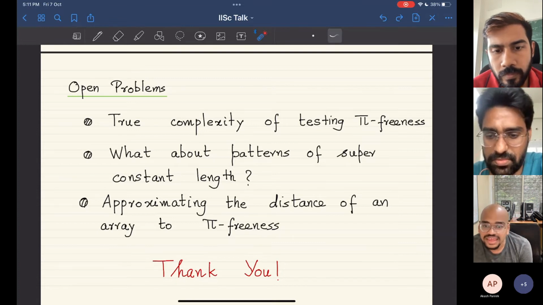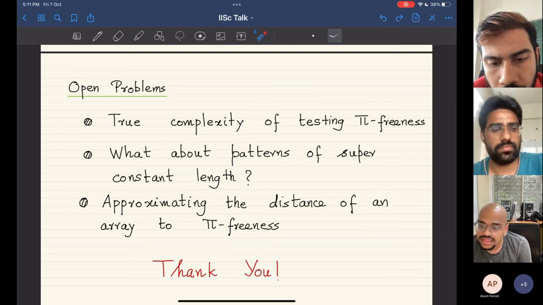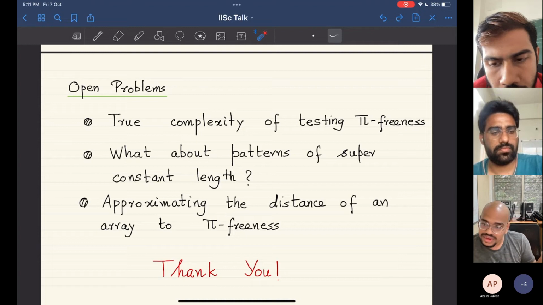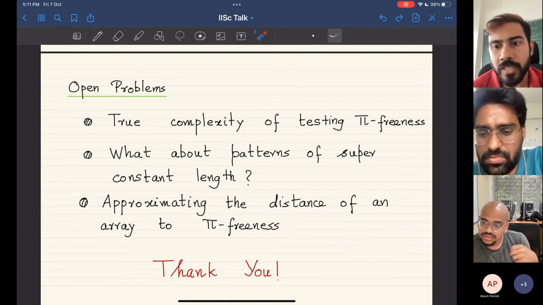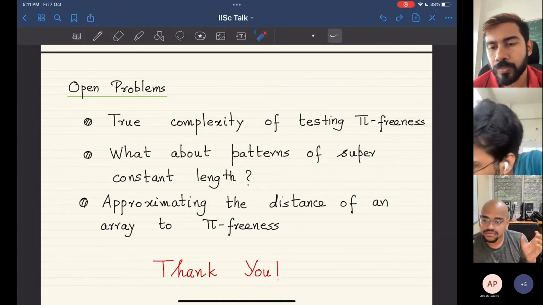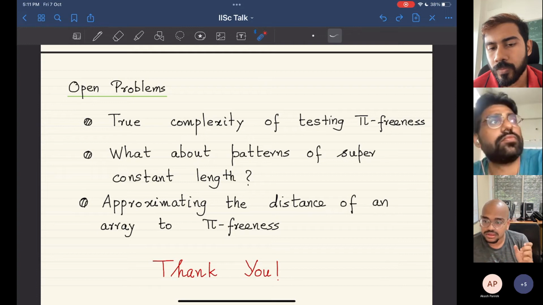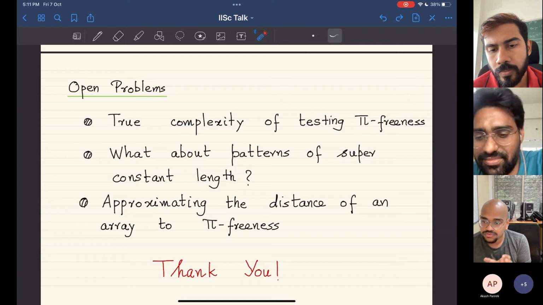So if k is very large, as I asked earlier, if k equals n, this is just testing whether the entire array is monotonic or not, right? If you want to test whether you're given a 5 array, but you want to check whether the 3, 2, 1, 4, 5 pattern is present or not.